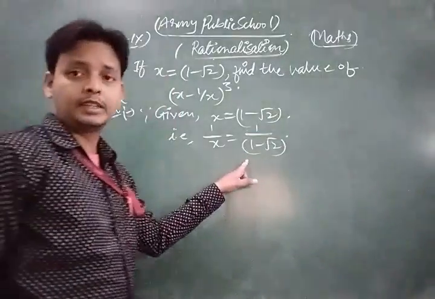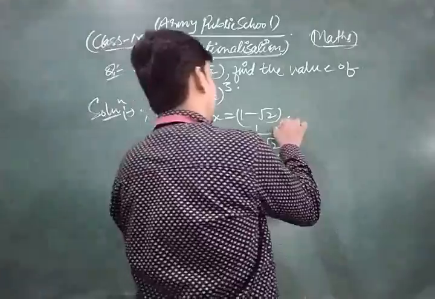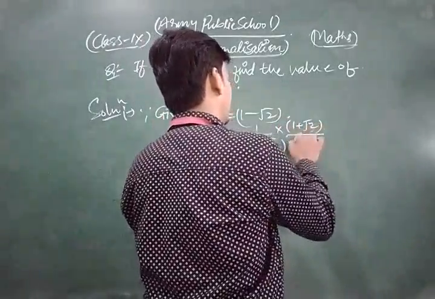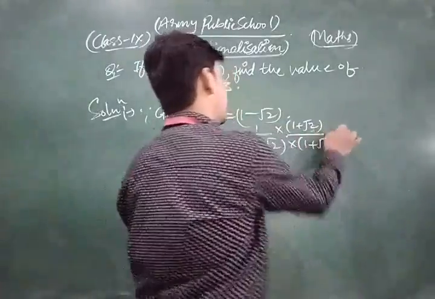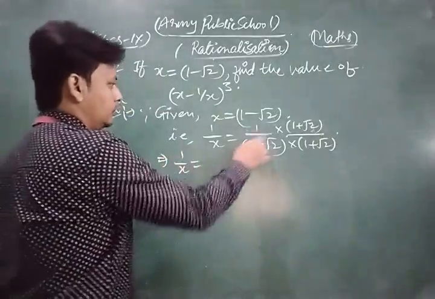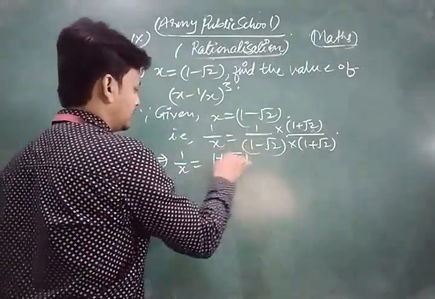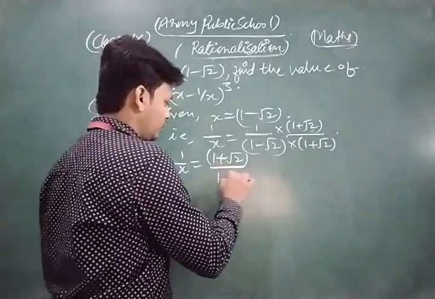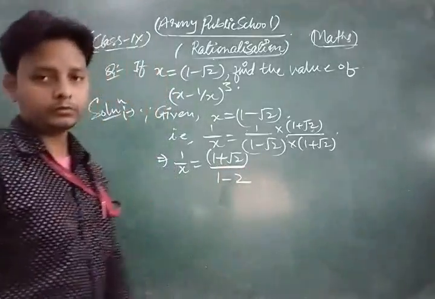And now we simplify them. Now we rationalize them: multiply both the numerator and denominator by 1 plus root 2. So we get 1 upon x is equal to 1 plus root 2 upon a minus b into a plus b, this is the form of a square minus b square.